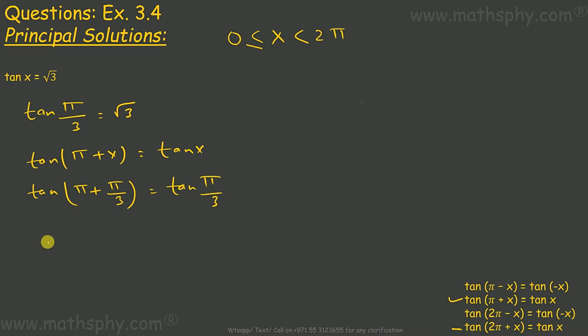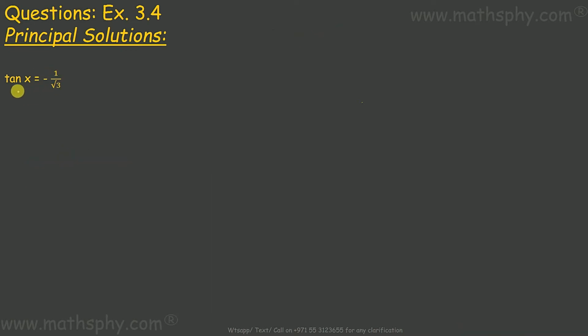If I solve this, it gives me tan 4 pi over 3 equals tan pi over 3. It means pi over 3 and 4 pi over 3 are the principal solutions for tan x whose value is root 3.